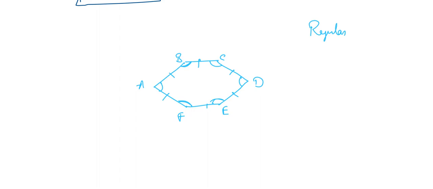The first part of my question asks what is the sum of the measures of the external angles. This was my figure. Let me first extend each of my line segments.